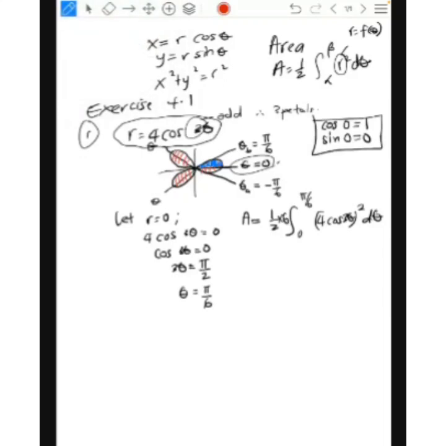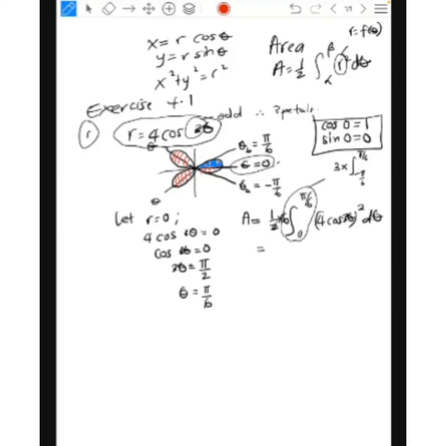Okay, so this is what I said, it depends on what angle you take. For example, if you take negative pi over 6 until pi over 6, you only have to multiply with 3. Because negative pi over 6 until pi over 6, you already have one petal. So to find all other petals, you just times 3.